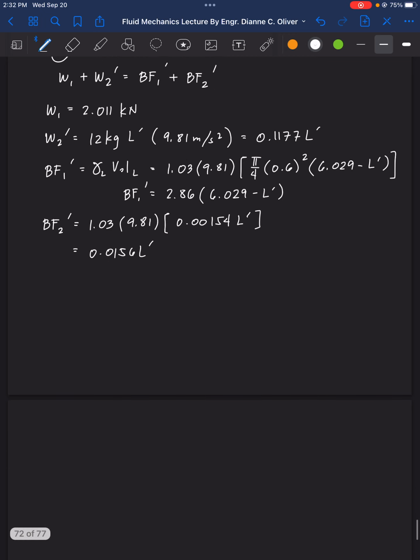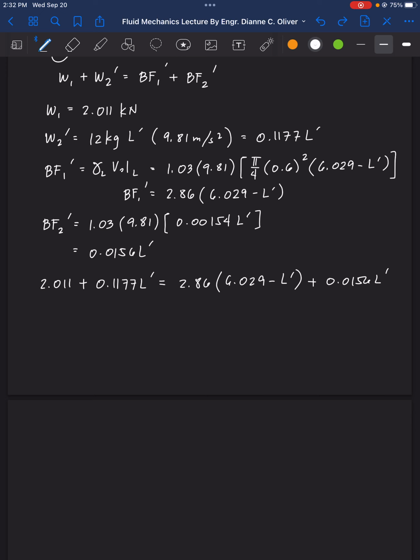Then we now have W1 2.011 plus W2 prime 0.1177 L prime equals BF1 prime is 2.86, 6.029 minus L prime plus 0.0156 L prime for the BF2 prime.